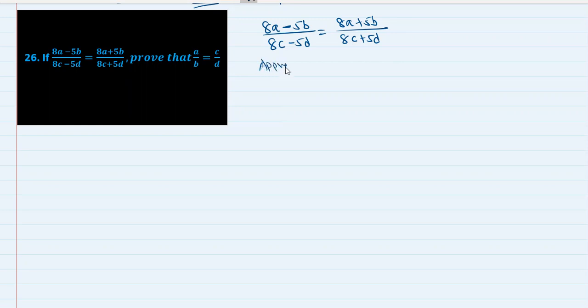Applying alternando, it will become 8A minus 5B upon 8A plus 5B is equal to 8C minus 5D upon 8C plus 5D.